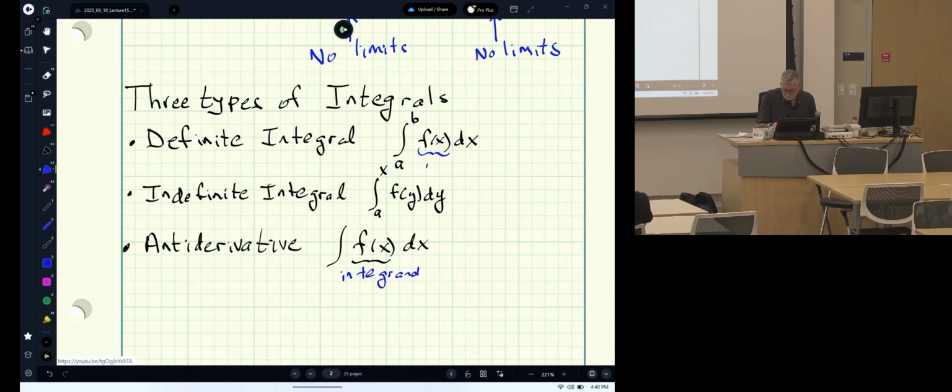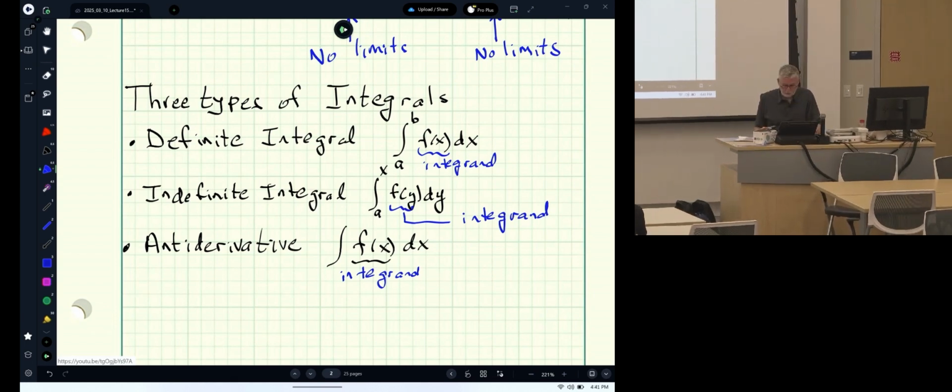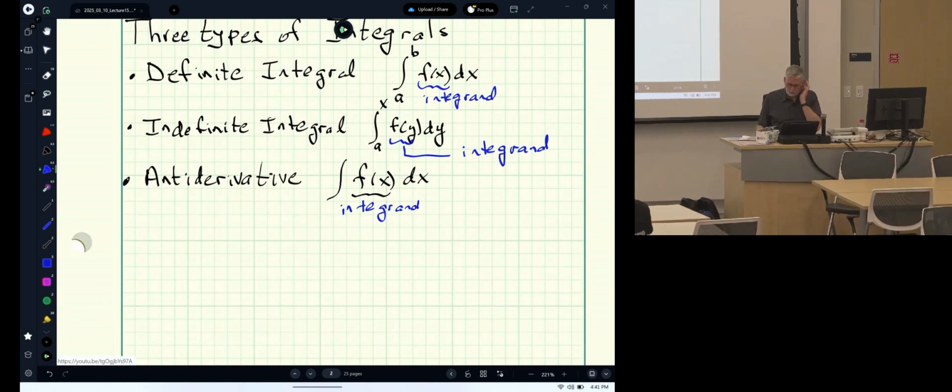It's the same for all of these. That's called the integrand, what's under the integral sign. Okay, so definite integrals produce a number, indefinite, a function of either the upper limit as I'm showing, or it could be the lower limit, it doesn't matter, and an antiderivative has no limits whatsoever.